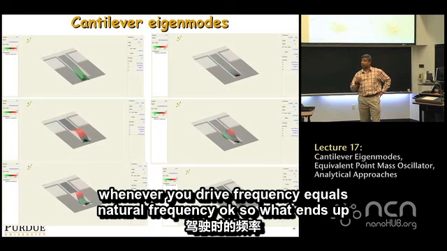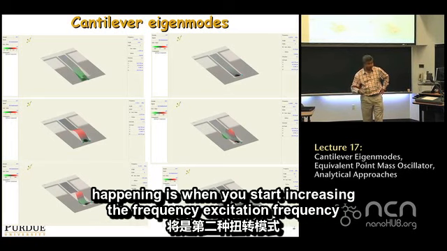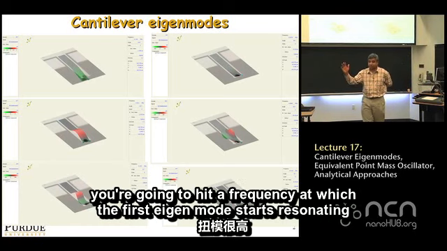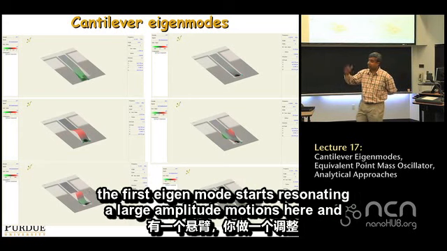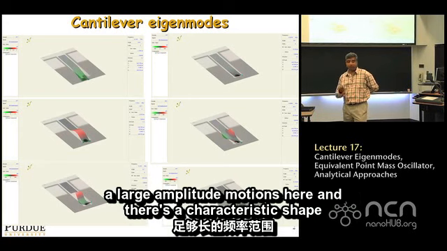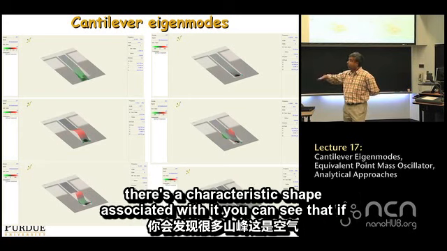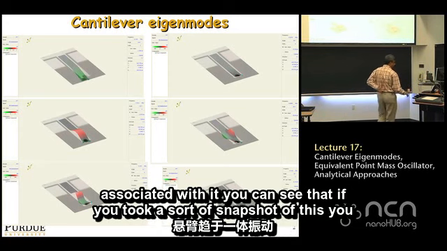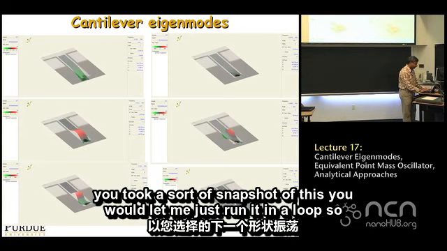So what ends up happening is when you start increasing the excitation frequency, you're going to hit a frequency at which the first eigenmode starts resonating. You get large amplitude motions, yeah? And there's a characteristic shape associated with it. You can see that if you took a sort of snapshot of this, you would, let me just run it in a loop so you see this better.